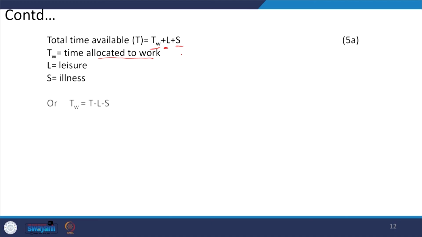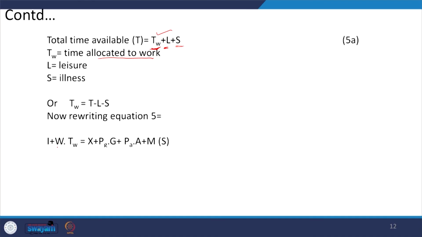So, based on this understanding, we can do some simple arithmetic. Obviously, the time allocated for work would be total time minus L minus S. So, if we rewrite equation 5 that we are talking about, we can replace this in the budget constraint.